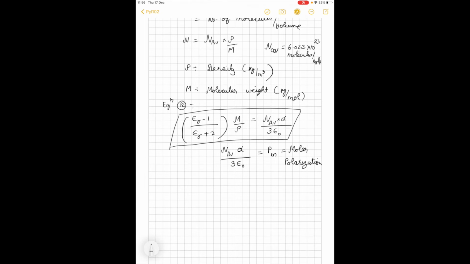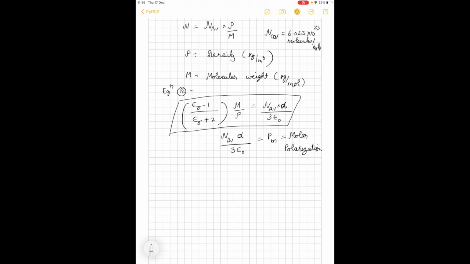I didn't tell you what the different contributions to alpha are. Alpha is the polarizability, right? In the next topic, we'll see all 5 mechanisms of polarization. But for the Clausius-Mossotti equation to be valid, alpha is generally alpha electronic plus alpha ionic. Just take my word now, you will understand what they are in a second.